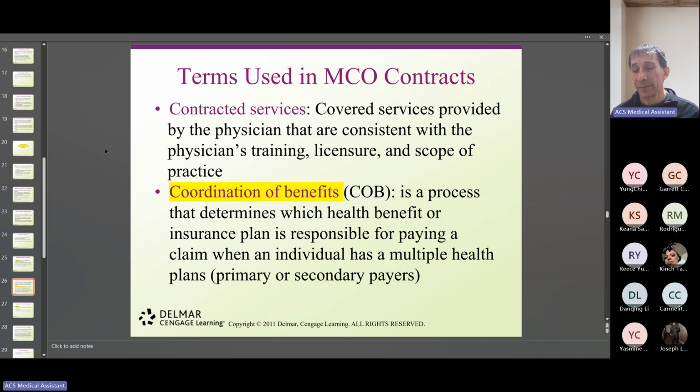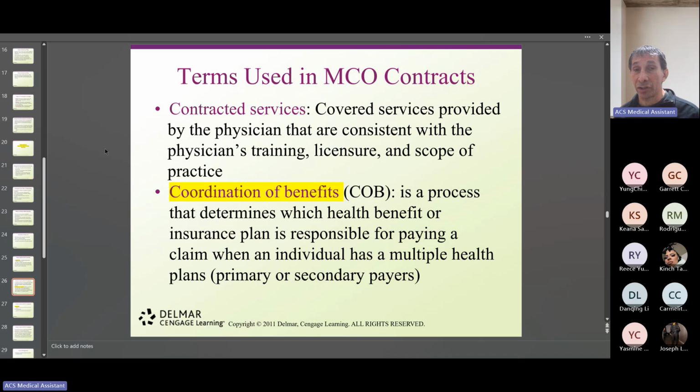So when we talk about services, these insurance companies pay for services provided not just by medical doctors, but by other licensed people. So you don't have to be a doctor to get reimbursed. Well, they're not going to reimburse you directly, but they're going to reimburse for the services on behalf of the hospital or the institution that you work for. So that is contracted services.